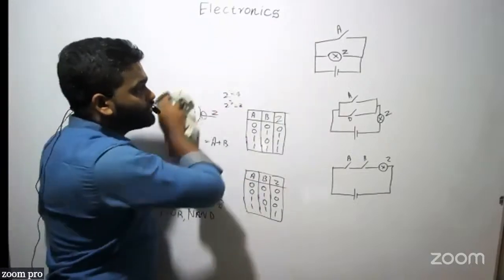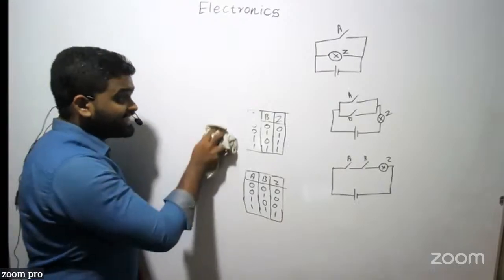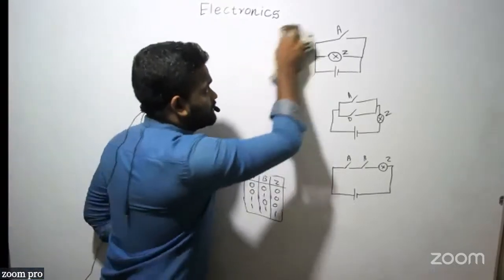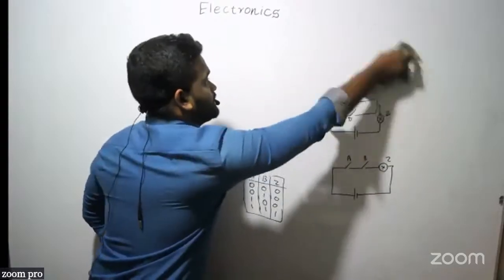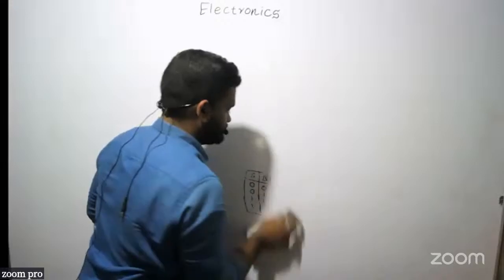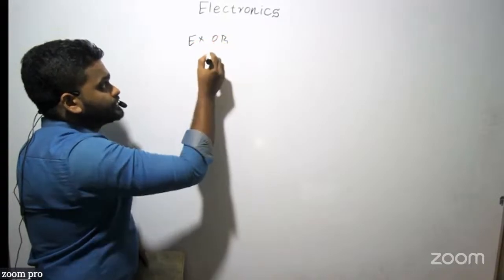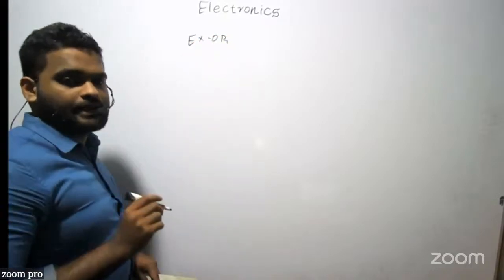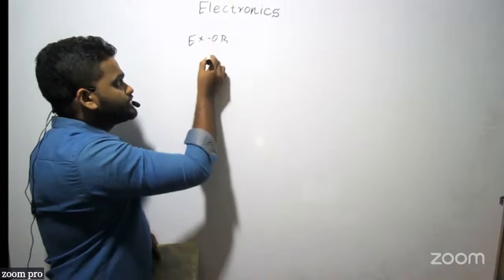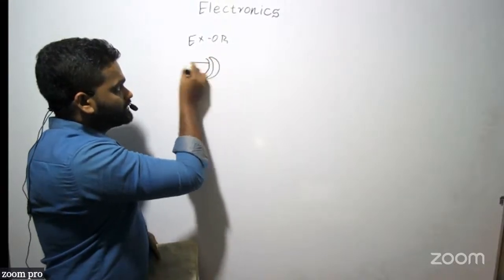Then another important gate is the XOR gate. For the XOR gate, the symbol is like this. Similar, but kind of like this.